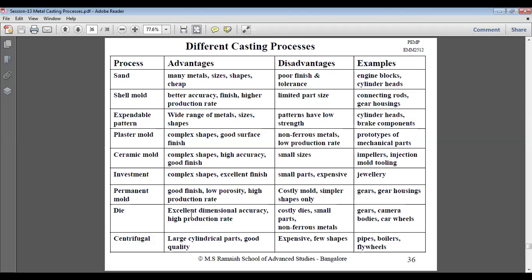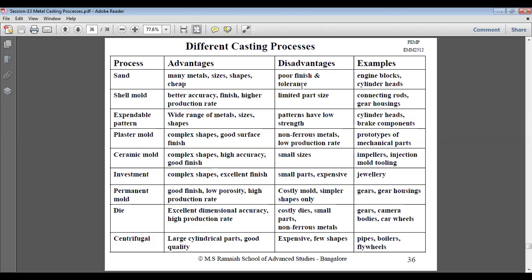We have wide range of metals, sizes, and shapes. Then we have plaster mold, complex shape, good surface finish, then ceramic, also complex, high accuracy, good surface finish, investment, complex shape, excellent finish, then permanent, good surface finish, and low porosity, high production rate, then die, excellent dimensional accuracy, then we have centrifugal, large cylindrical parts, good quantities.